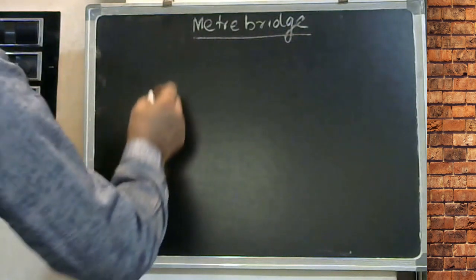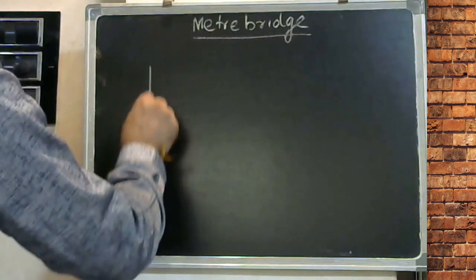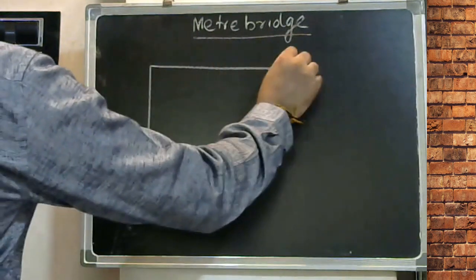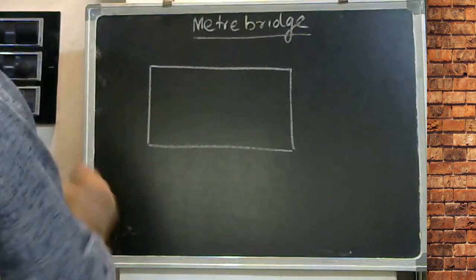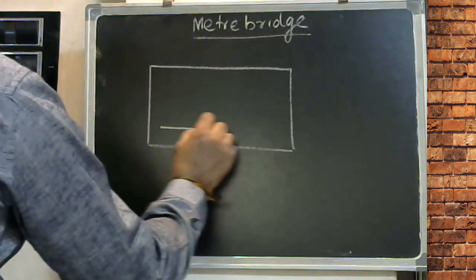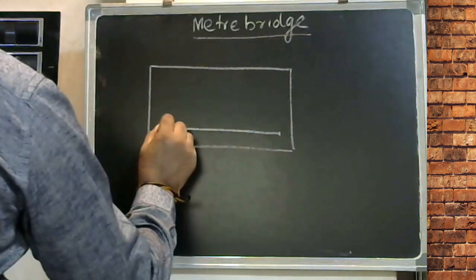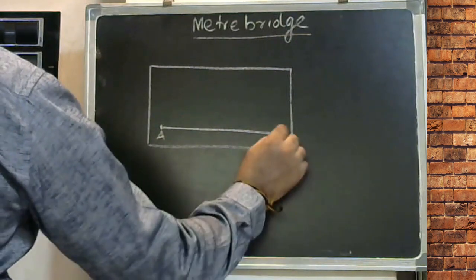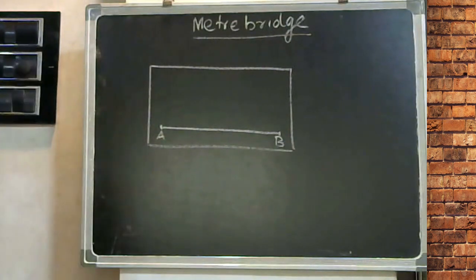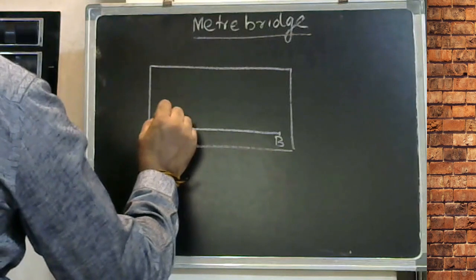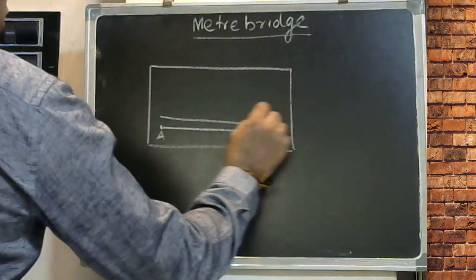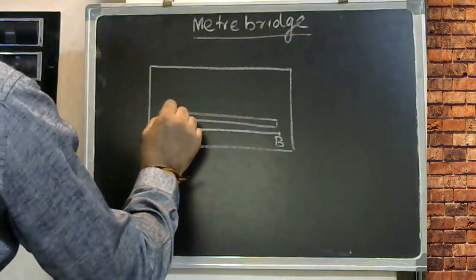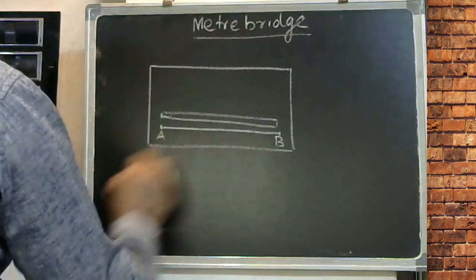So what does a meter bridge consist of? A meter bridge consists of a wooden rectangular plank. In that there is a 1 meter wire, which is screwed onto it. On top of this, you have a meter scale starting from 0 to 100. Well, it's 1 meter.